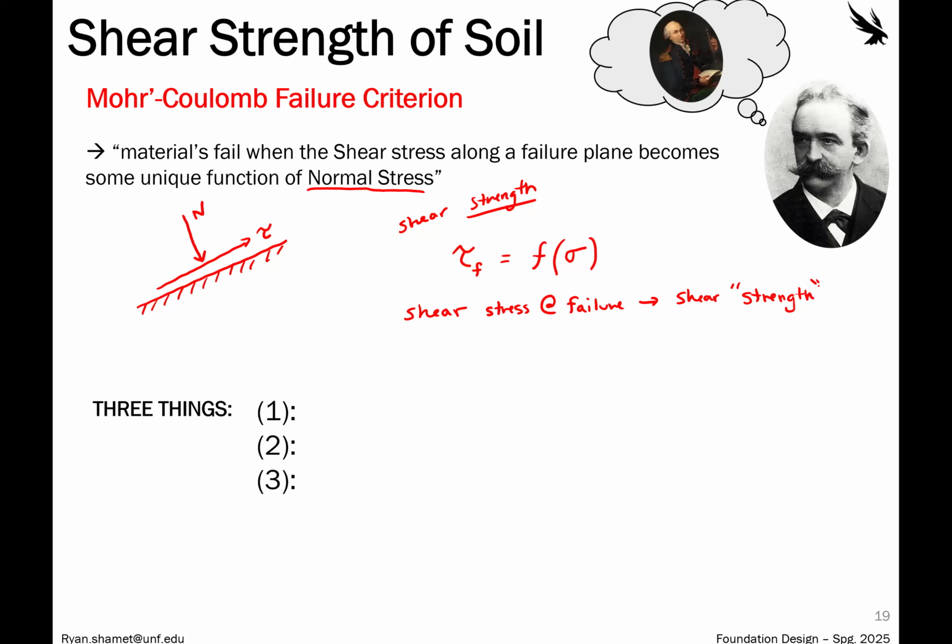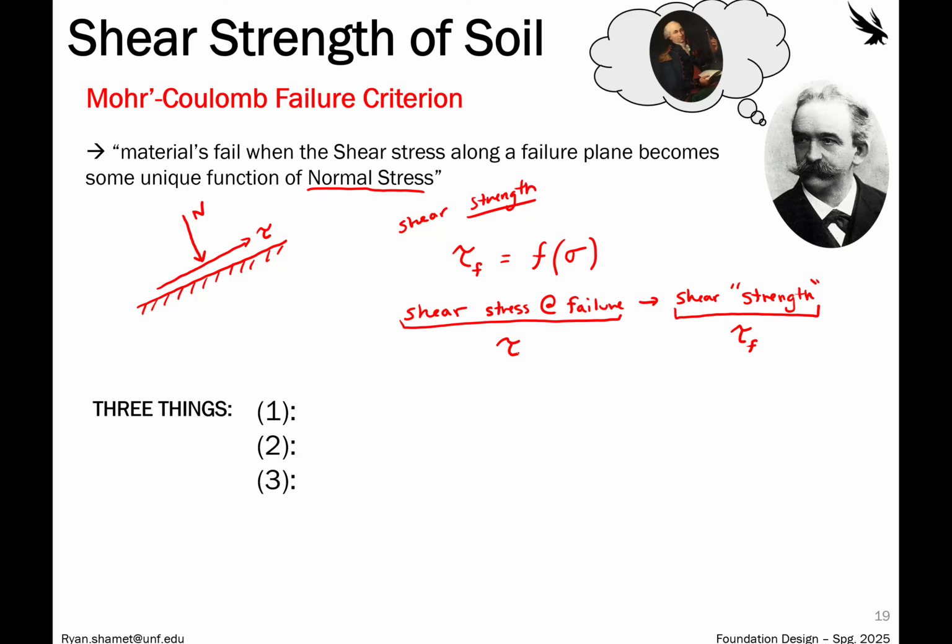A lot of times it can get confusing hearing shear stress all the time and then shear strength, but just remember that that's what that means. So this shear strength, which we show as tau. Tau is how we represent shear.